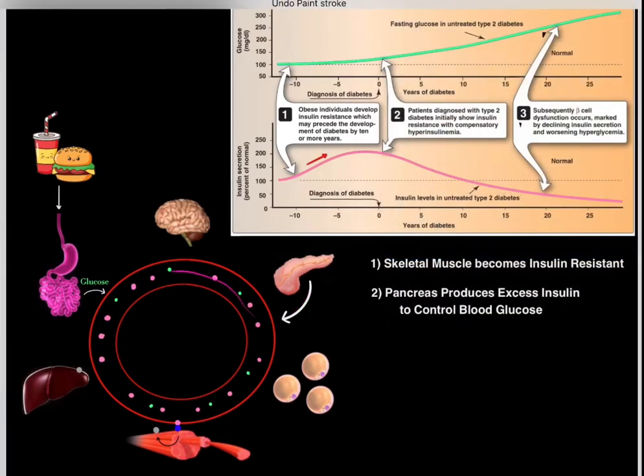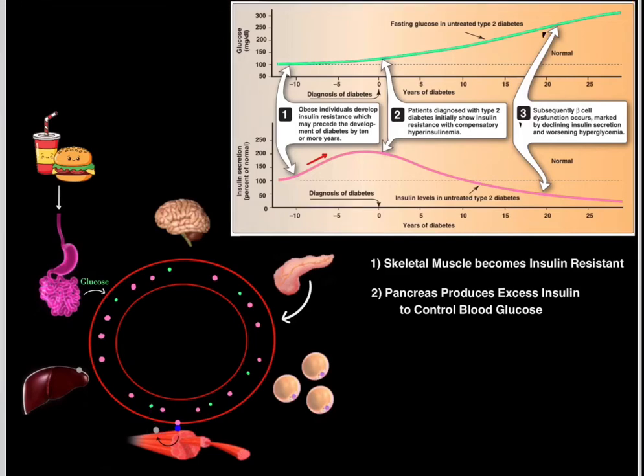So we're going to see high levels of insulin. Now that we have high levels of insulin, all these insulin molecules are going to apply a lot of pressure to force the skeletal muscle to respond to that insulin, expressing those GLUT4 transporters. So now the skeletal muscle can take up those glucose molecules.